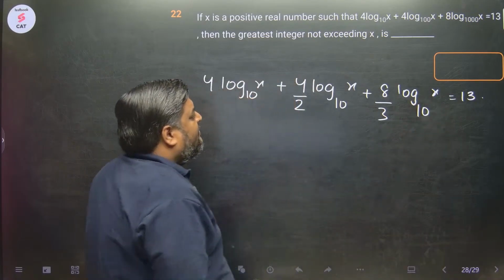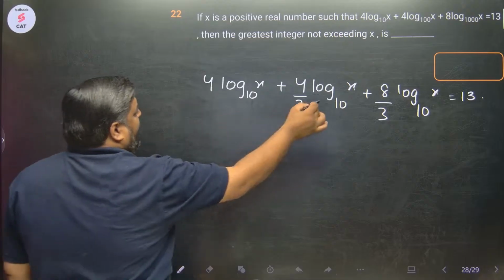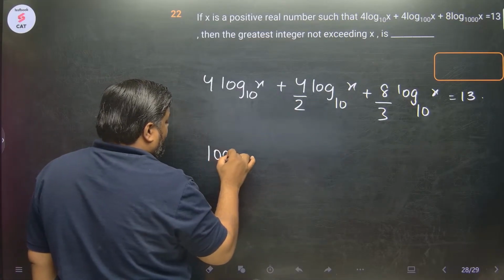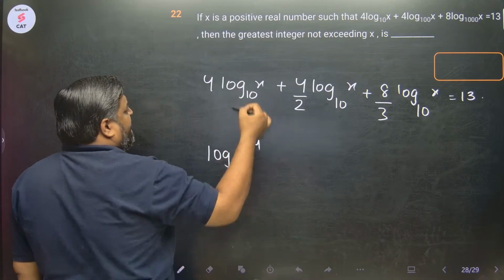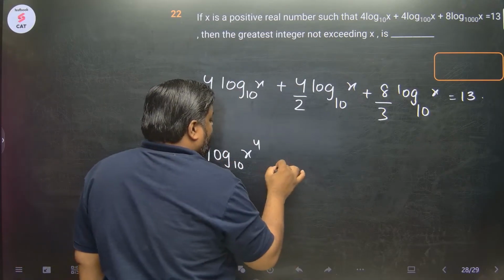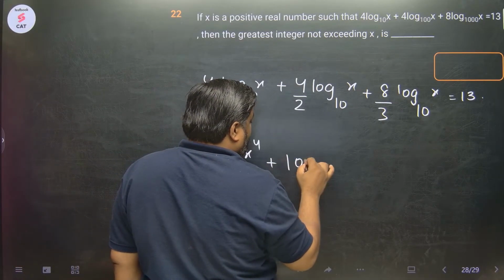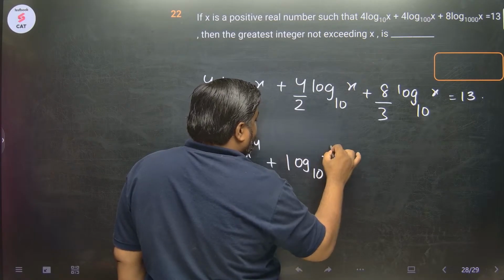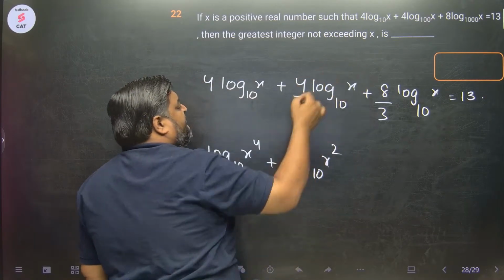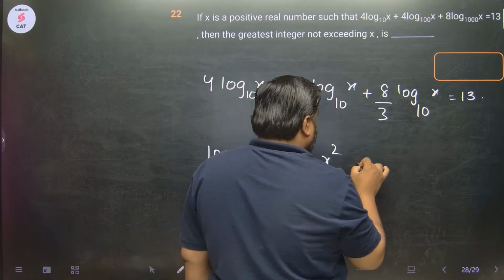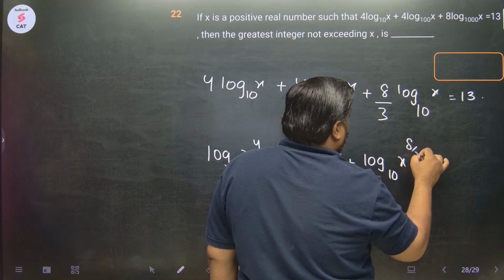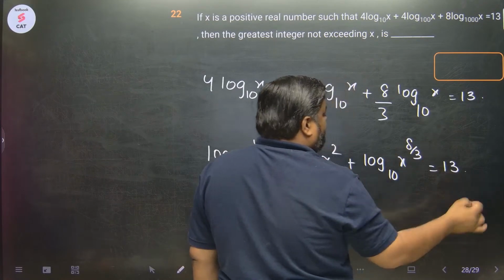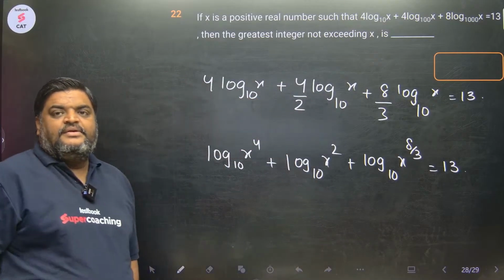We can do it. Now they can be rewritten as log x to the base 10 raised to the power 4, plus log x to the base 10 square, 4 by 2 is 2, goes to the power, and this is log x to the base 10, 8 by 3, equals 13.